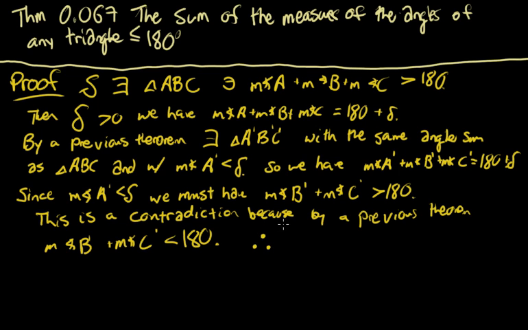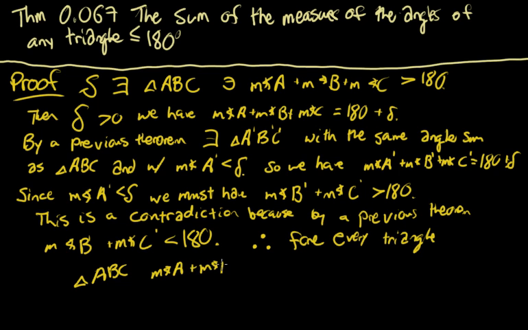So we can say that therefore, for every triangle ABC, measure of angle A plus measure of angle B plus measure of angle C is less than or equal to 180 degrees.